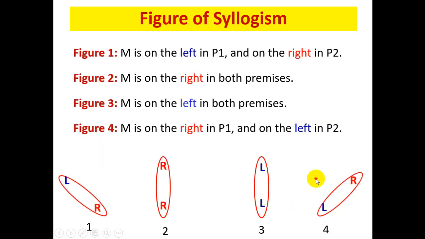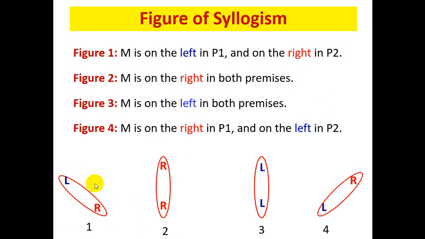When we have figure 1, the middle term is on the left in premise 1 and on the right in premise 2. Figure 2, the middle term is on the right in both premises, right and right here, in the first and the second.